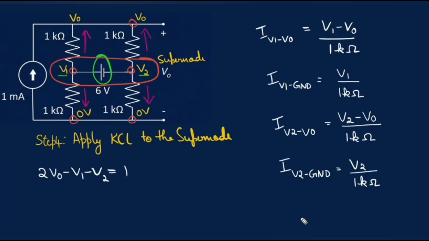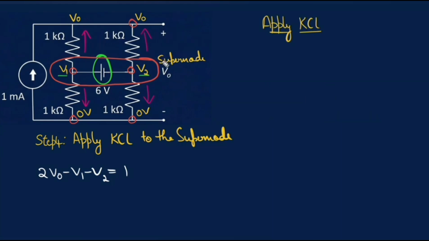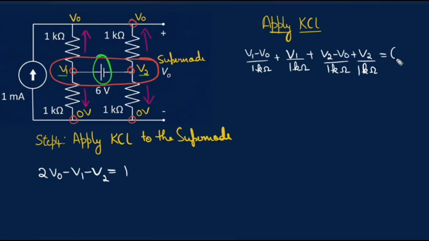Applying KCL, the algebraic sum of all currents crossing the supernode boundary is 0. That's why we obtain (V1 minus V0)/1 kilo ohm plus V1/1 kilo ohm plus (V2 minus V0)/1 kilo ohm plus V2/1 kilo ohm equals 0.